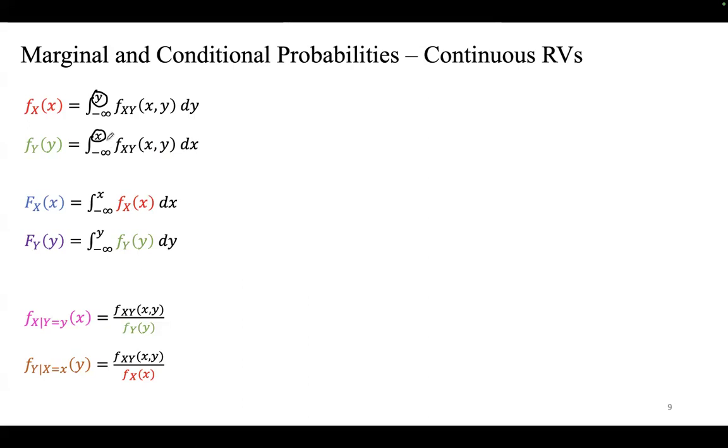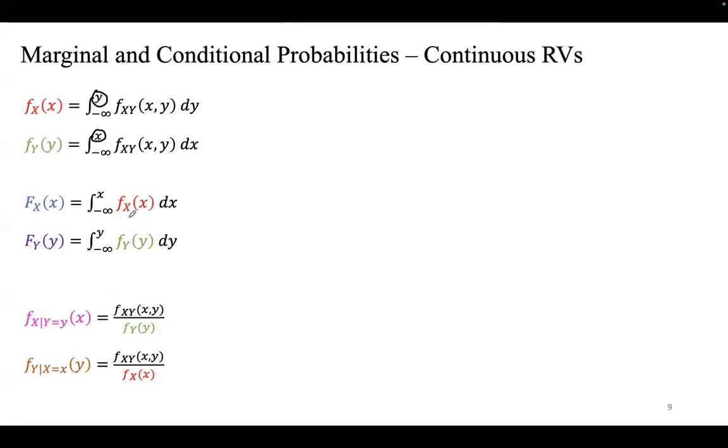Once you have the marginal probabilities, we can also have the marginal cumulative probabilities. Now this one, small f x of x, is in terms of x, right? This is what the subscript here is indicating.